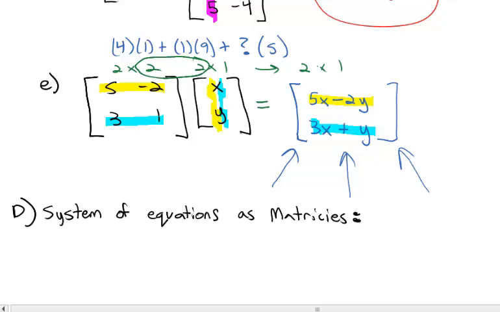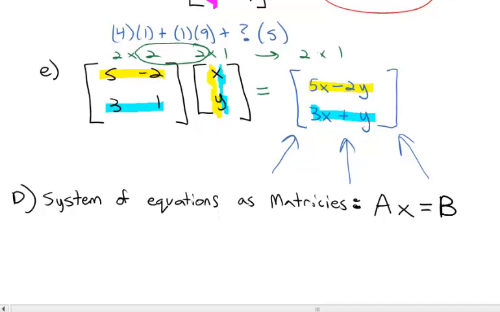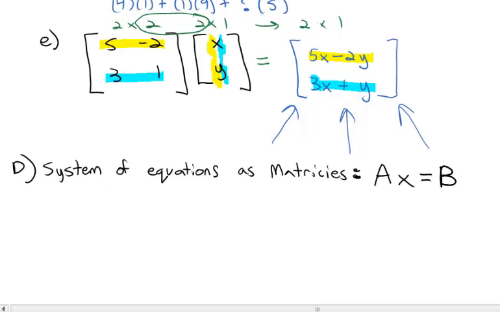We're going to play with this in more detail in future sections, but for now we're going to think about it as: we'll have a matrix A times a variable matrix equals matrix B, the solution matrix. Matrix A we'll think about as the coefficients, all the numbers that are in front of the variables.